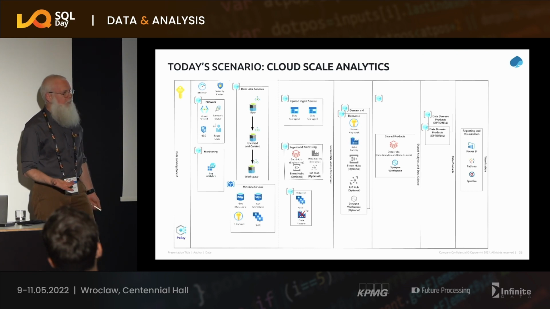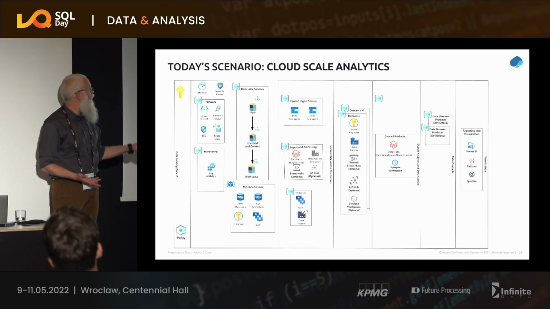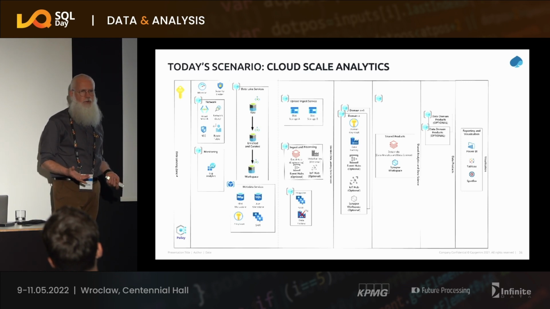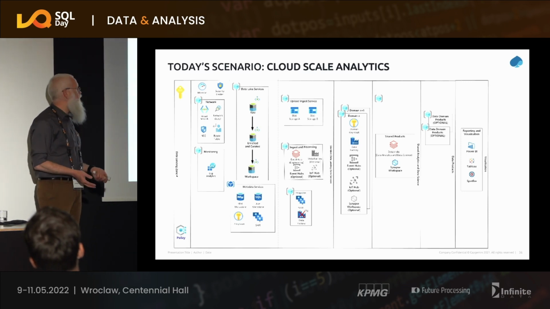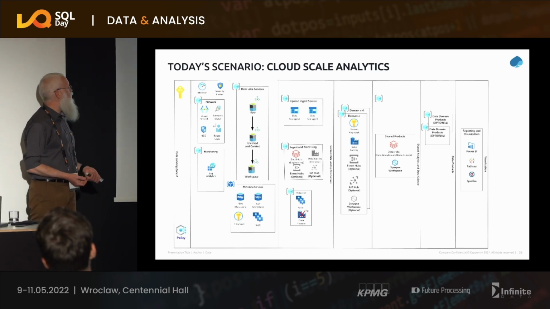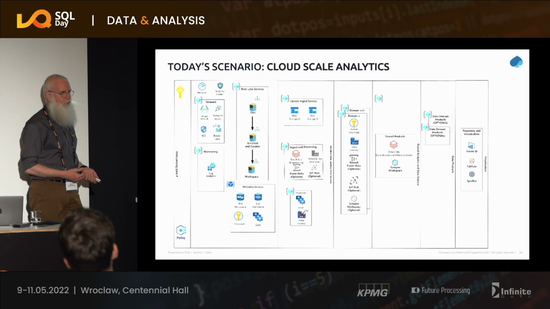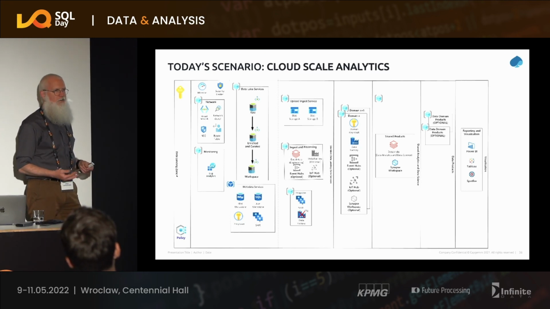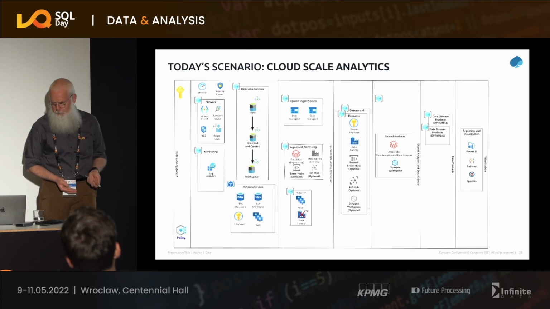Then SQL DBs if you want those, common and shared ingestion patterns. So again, if you want to use Databricks or Synapse as your ingestion and transformation tools, you can have a shared workspace for that as well. And then of course, all the different patterns for ingestion further on, such as event hubs for streaming and so on.